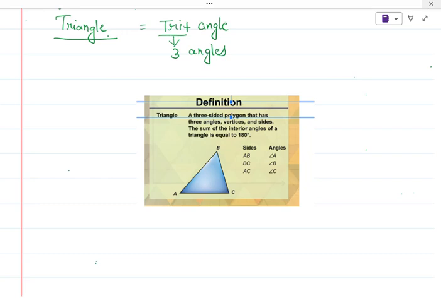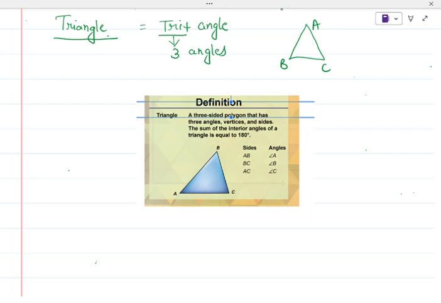So which type of figure will this be? It will be a three-sided figure. We will give the names. The triangle's name is ABC. So it is a three-sided polygon. How many sides are there? There are three sides: AB, BC and AC.